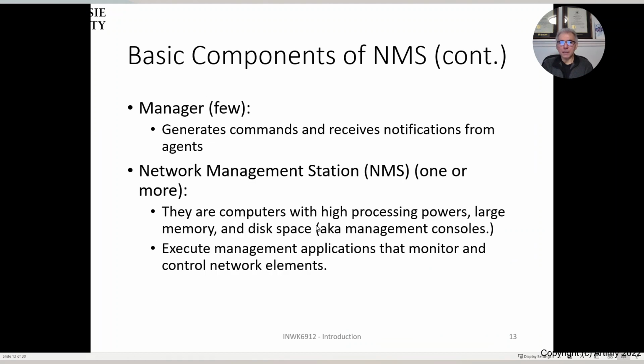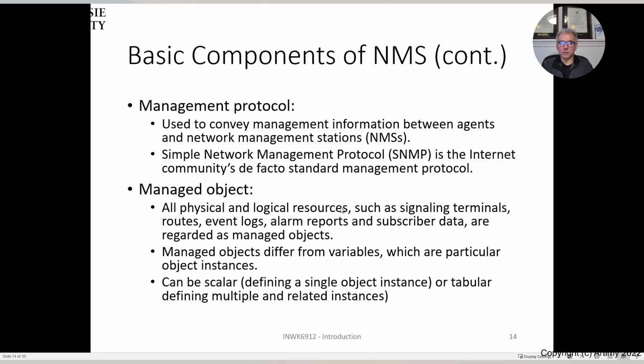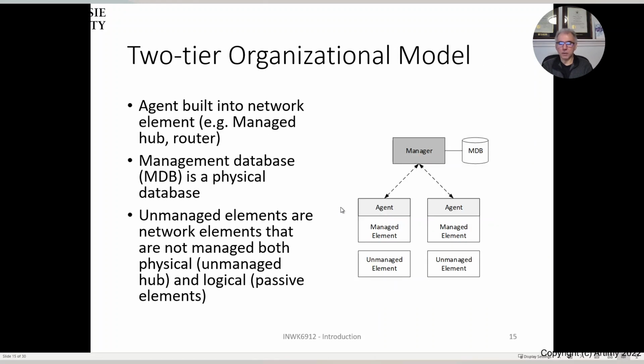All right, so these slides have a detailed description. Of course you can rely on your notes to find the detailed description, and it's actually better than these slides. All right, so the organizational model also describes the relationship between these components.